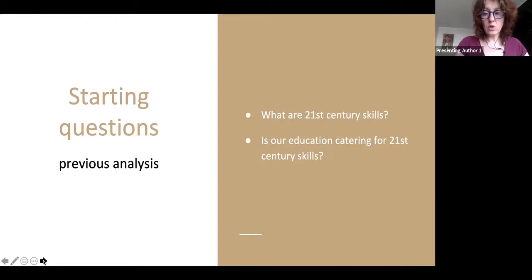What are we giving to our students? And what is in their bag after they leave our institution? To understand if we're doing a good job, first we did a thorough analysis through different frameworks and a lot of papers to see what the 21st century skills are that we need, and whether our education is catering for these skills.